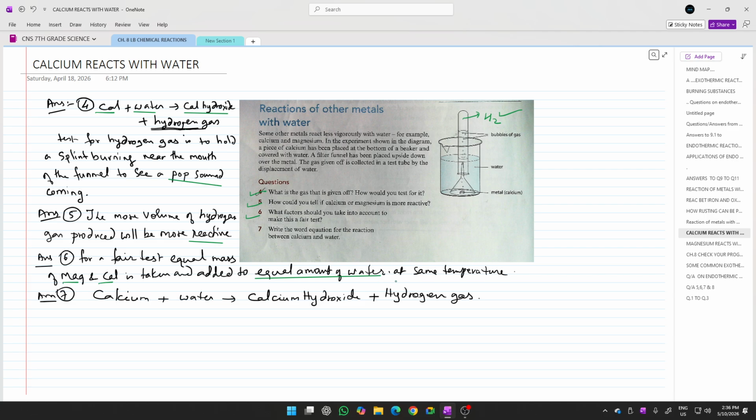Where you get less hydrogen produced, that will be less reactive. So this is what you have to say for this answer. For a fair test, you have to take the same amount of the metal and the same amount of water, and the temperature should also be the same.